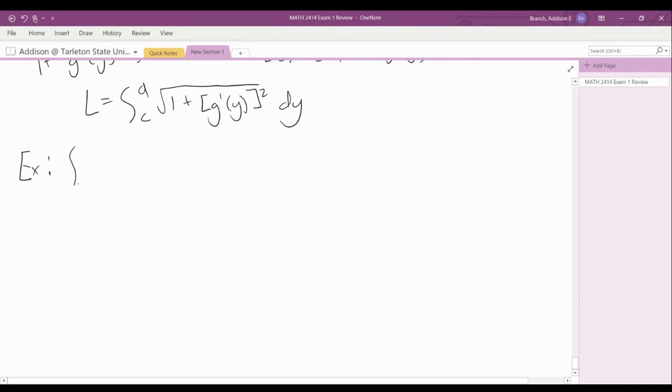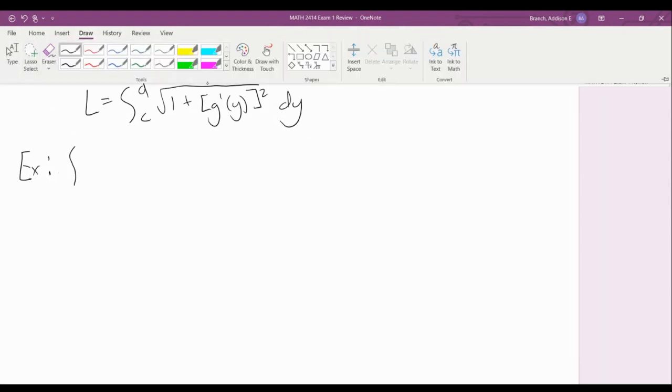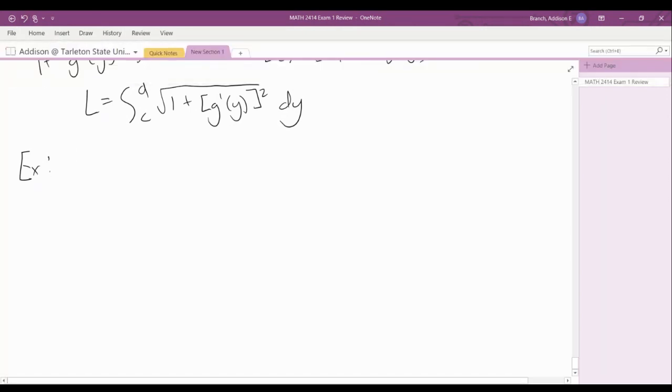The problem states that we want to find the arc length of the function y is equal to x cubed over 3 plus 1 over 4x, where x is in between 1 and 2.